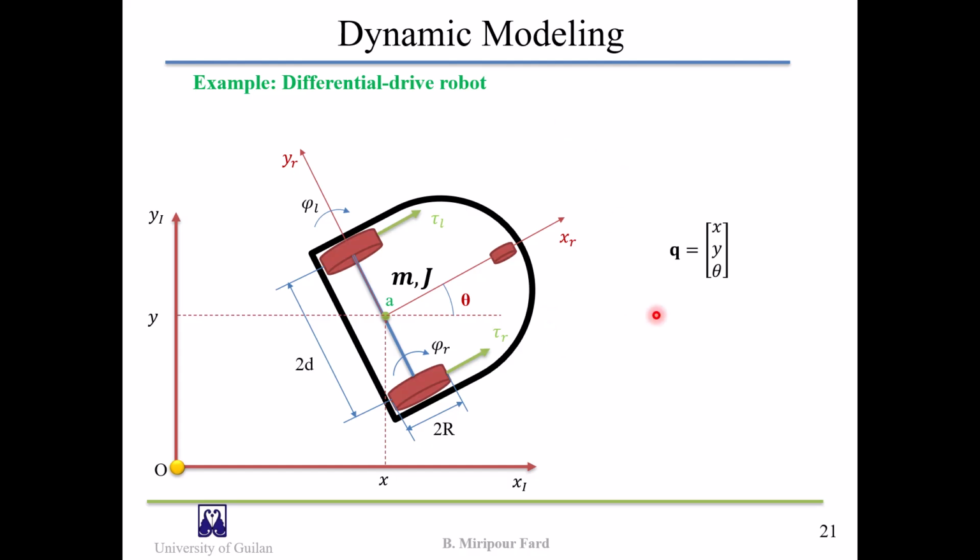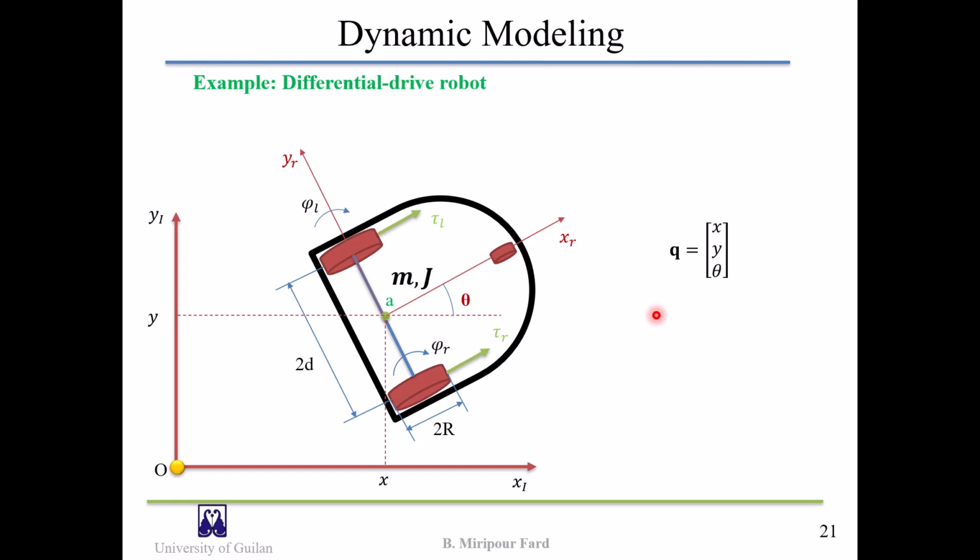The robot moves on the plane, and its moment of inertia around the z-axis is J v. Z is the normal direction to the plane, and the moment of inertia for the wheels is denoted by J w.